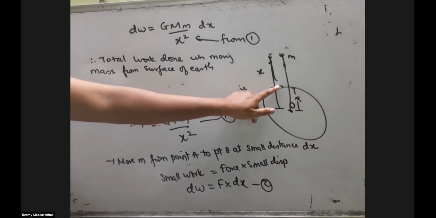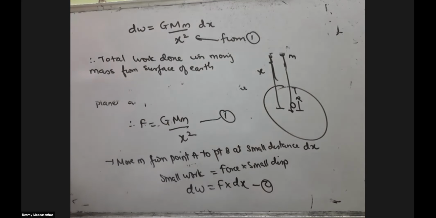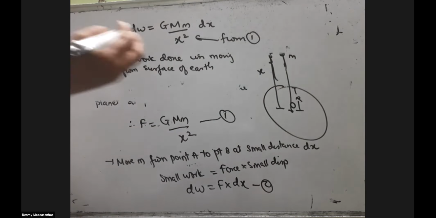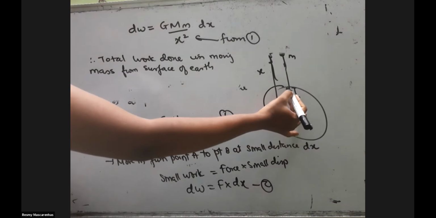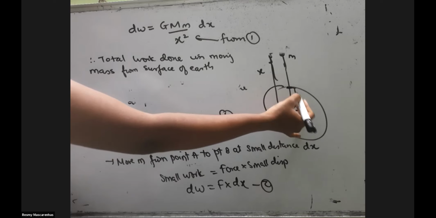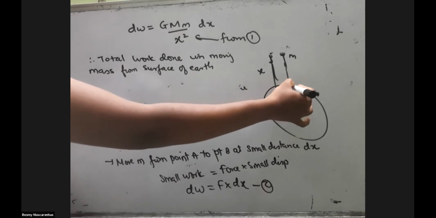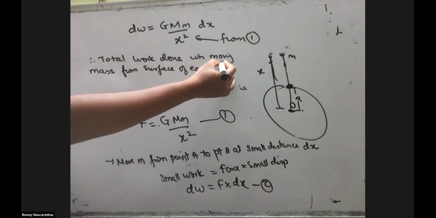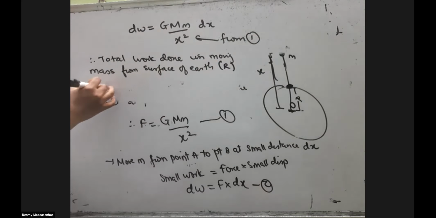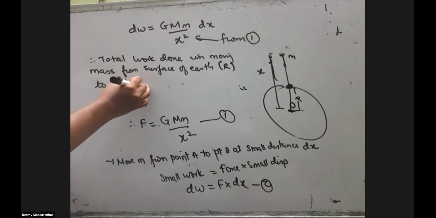The rocket obviously will start from the surface of the Earth only. So at what height would it be here? Whenever you measure distance, you are measuring from the center, so here it will be R, the surface of the Earth. It is R to infinity.